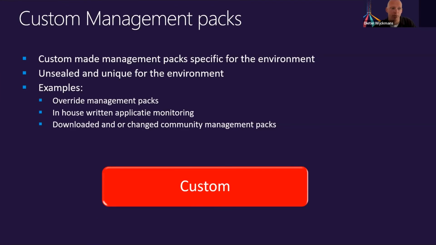Examples are override management packs, in-house application monitoring, but also downloaded or changed community management packs. There are a lot of great community management packs out there, but they are unsealed or sometimes sealed, but they are not supported by Microsoft. They're supported by the community. So always use them with a bit of caution.